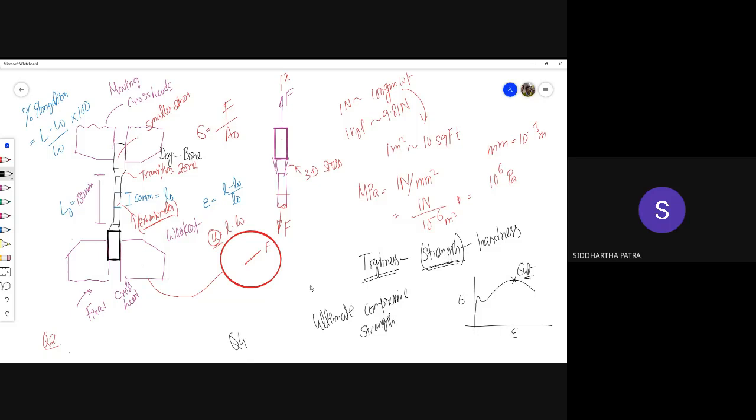Okay, so all of this you try to answer in the next discussion that you are about to do. Okay, and then we will write question number 4. Sir, could you say it once more? Could you repeat question number 4? Why isn't there an ultimate compressive strength? Why is there not an ultimate compressive strength?